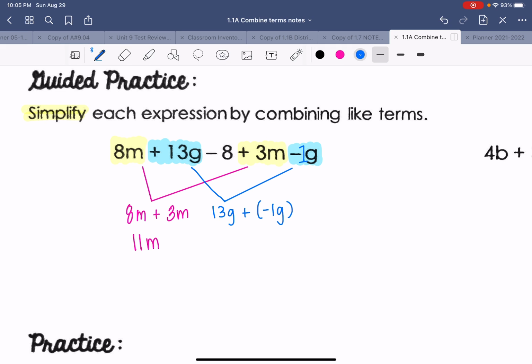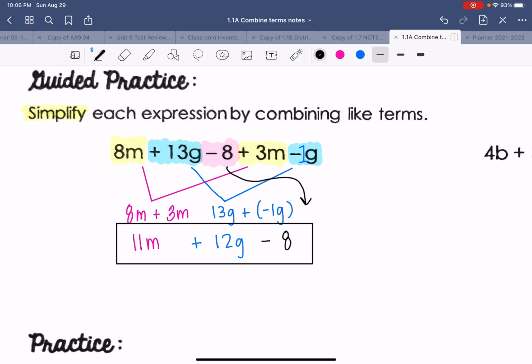So I'm going to add a -1g, which gets me a positive 13 plus a -1g will get me a positive 12g. All right, and as I'm looking here, my -8, there's nothing else to combine with it, so I just bring it down. So it's a -8. So my answer is 11m plus 12g minus 8.